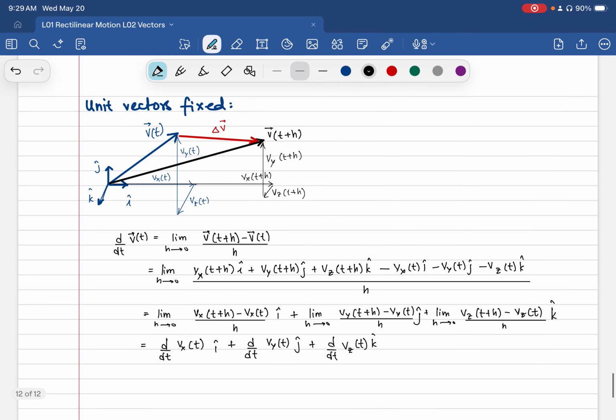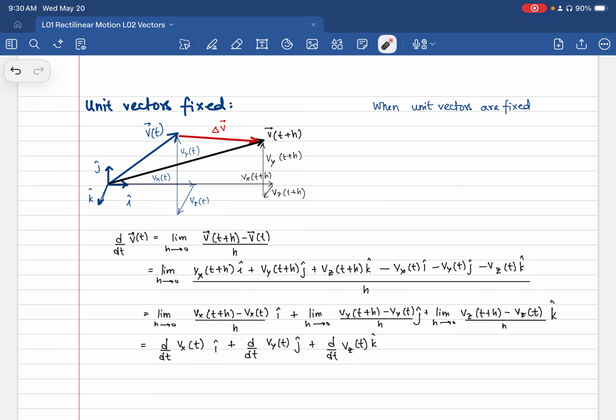Okay, so this here is what we've just arrived at. So when unit vectors are fixed, what does that mean to say unit vectors are fixed? Unit vectors by definition have a magnitude of 1, right? So when you say it's fixed, all it means is that the rotation does not exist. So unit vectors are magnitude and direction. By definition, unit vectors have magnitude 1. So it's just a direction. And if this direction does not change, it remains in the same direction, then it means that the unit vector is fixed.